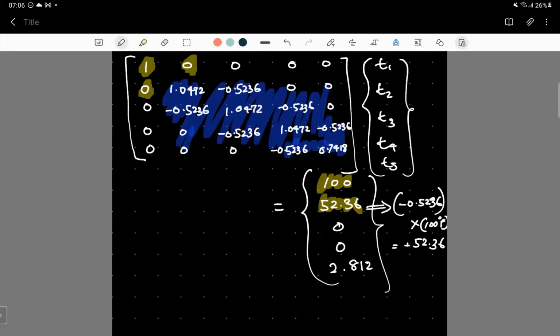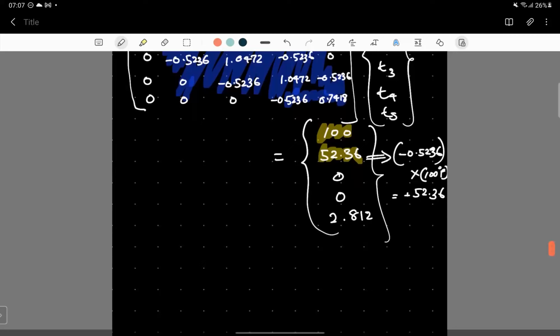Because of this formulation, since you know the value of T1, the remaining terms, T2, T3, T4, and T5, can now be easily solved using this Gaussian elimination procedure. It's quite simple. By solving this equation, you can get these values.